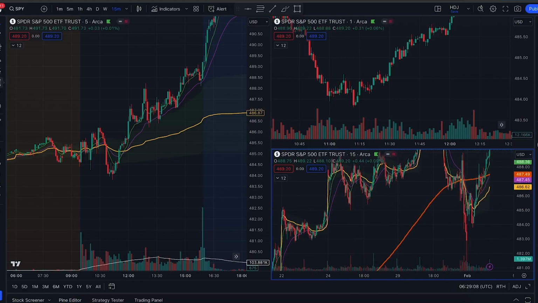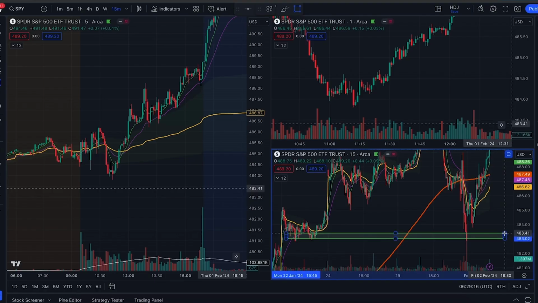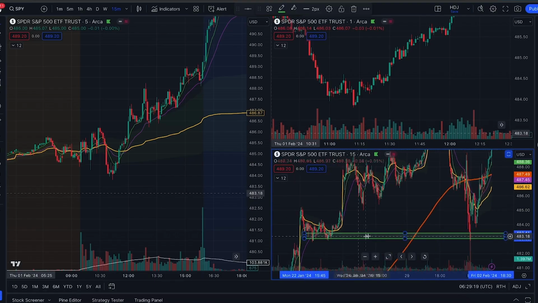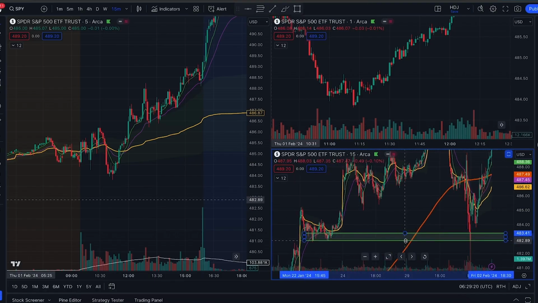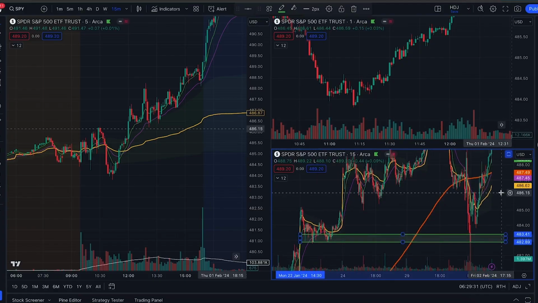So let's just draw a box. So this is back on Monday. You could have drawn a box straight across, because you know that this zone, there was some sideways action, and then it was a build up, and then price went to the upside.